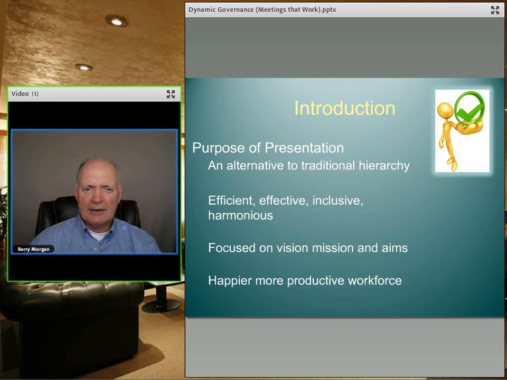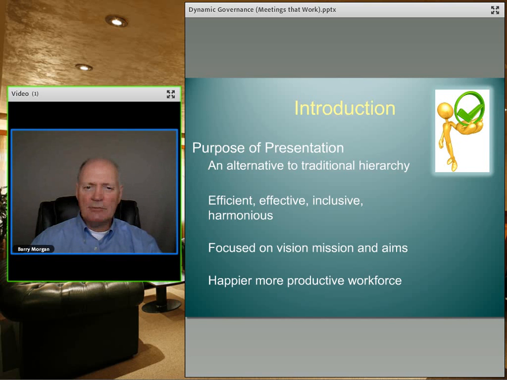Dynamic governance is an alternative to the traditional methods of organization for most businesses, and it extends and improves on the traditional hierarchy. It's been proven to be an efficient, effective, inclusive and harmonious style of governance, a method of operation for businesses.